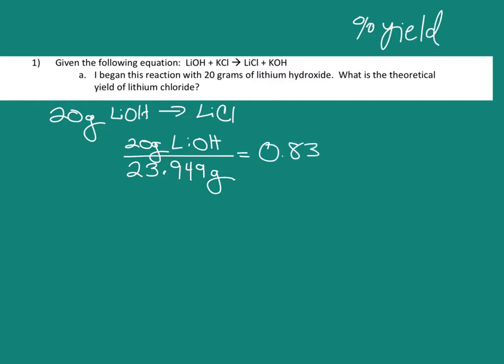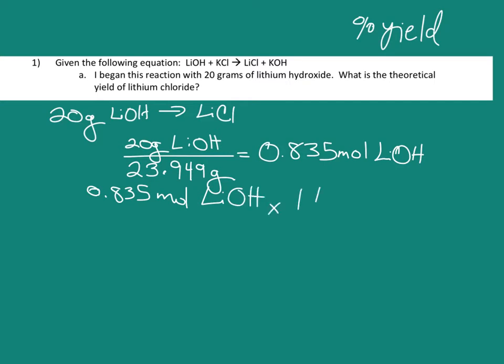And that gives us a total of 0.835 moles of lithium hydroxide. It's important when you're doing these kinds of problems to label not only with moles but also with the identity, just so you can keep track of what is what. So we have moles of lithium hydroxide.